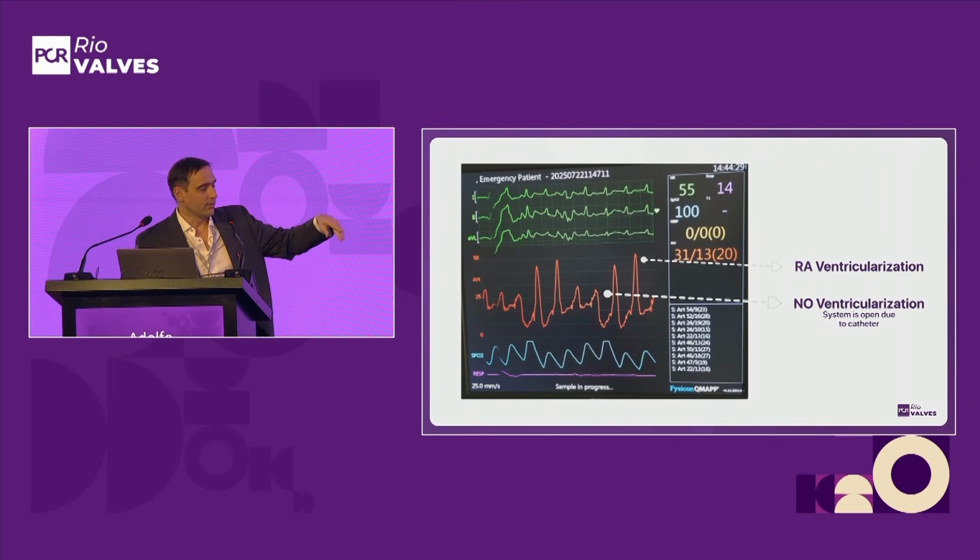So you see the valve functioning, non-functioning, functioning, non-functioning. It's perfect. You see the difference, the ventricularization, and you can understand easily what's going on when the valve is closing. So the ventricle is forcing to increase the cardiac output.